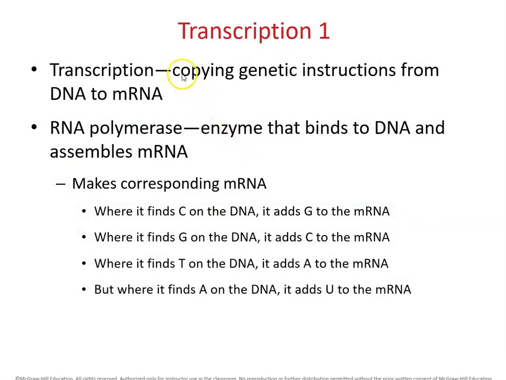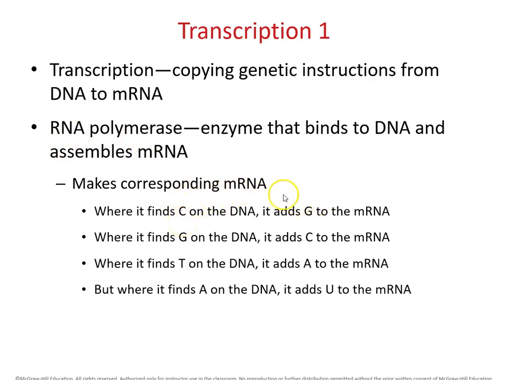So transcription is how DNA is made into an mRNA code. There's an enzyme involved here. Remember, our enzymes end in ASE most of the time. So RNA polymerase is our enzyme that makes mRNA based on the DNA. When we're making mRNA, every time that the RNA polymerase finds a C, a G gets added.